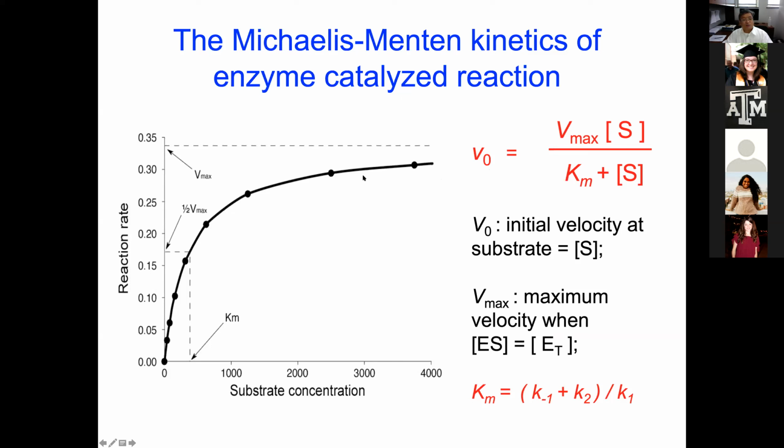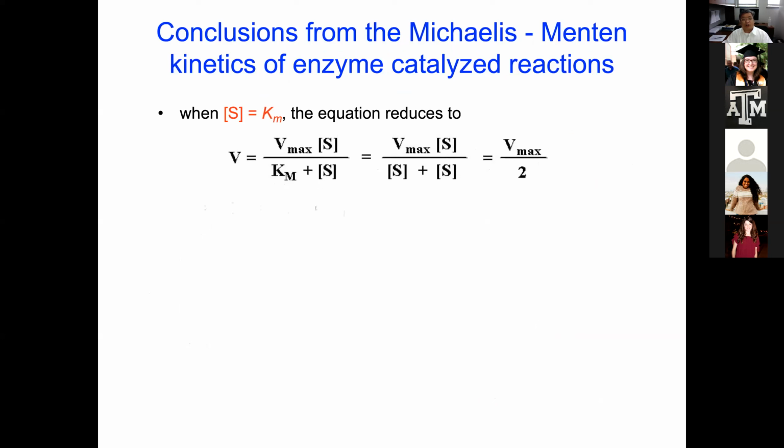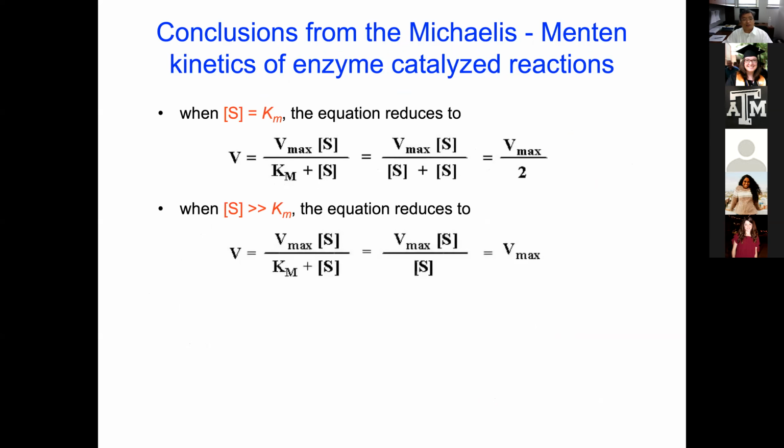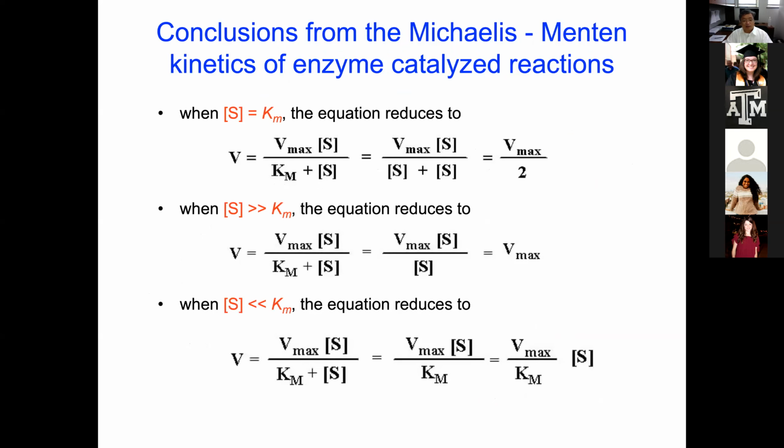You can also estimate Km by looking at the substrate concentration at half Vmax.